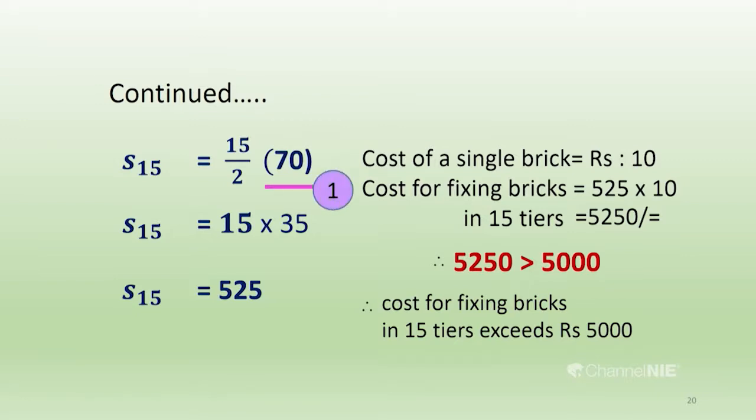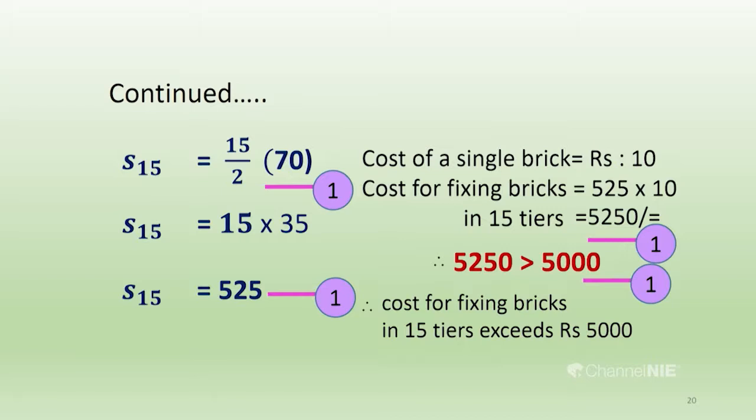So here I want to say how many marks you will get. For that part, if you have written S15 is equal to 15 over 2 times 70, you may get 1 mark. And for the answer you have 1 mark. And when you take the cost that you spend to fix the bricks, you have 1 mark.